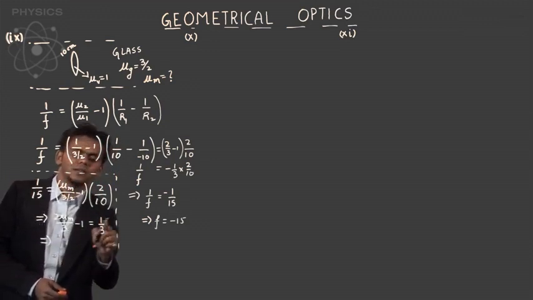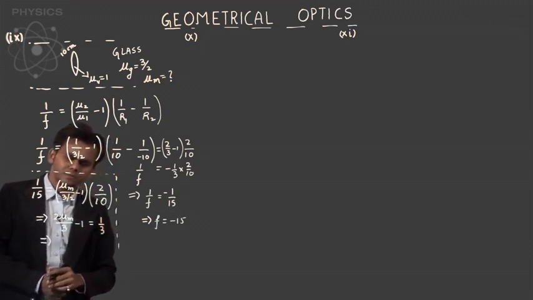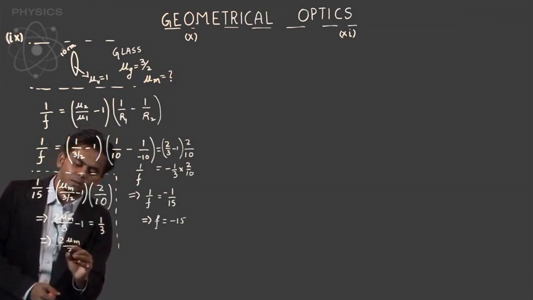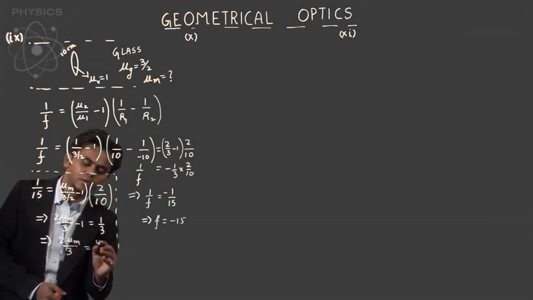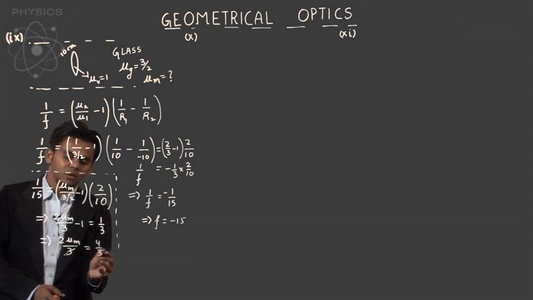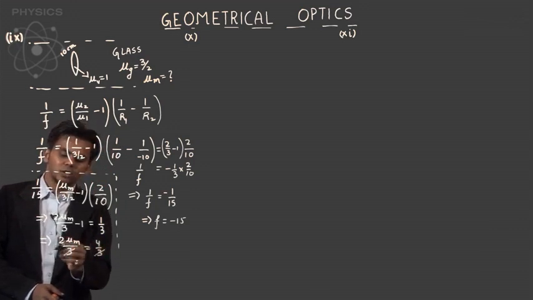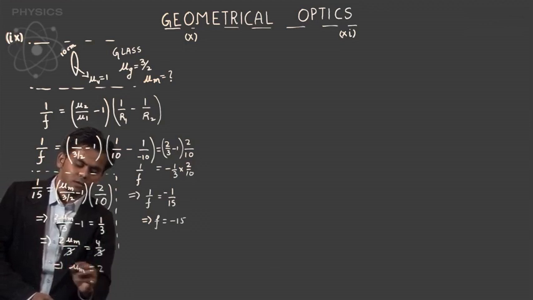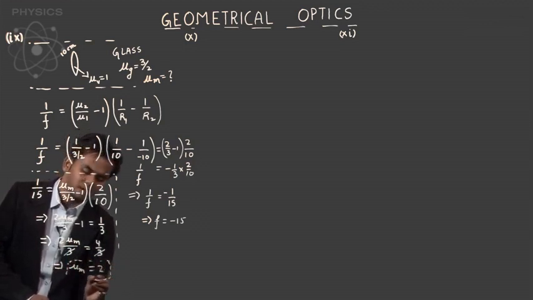If we take this thing there, it will become how much? 4 by 3. So 2 mu m by 3 becomes 4 by 3. Further do the math, cancel out the 3, cancel out the 2, you will get mu m as 2. And this is the answer.